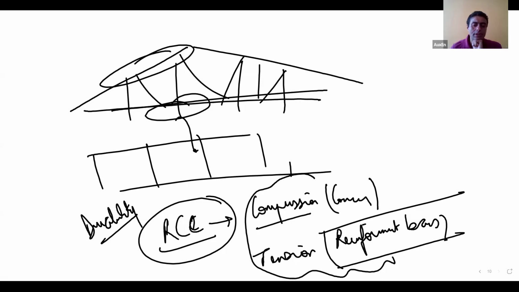And once your reinforcement rusting starts, it will create problems, because number one, the rusting will lead to volumetric changes. So it will lead to cracking. Once your concrete starts cracking, it comes into contact with the atmosphere, and then it further deteriorates. So there is a big problem of durability in concrete.